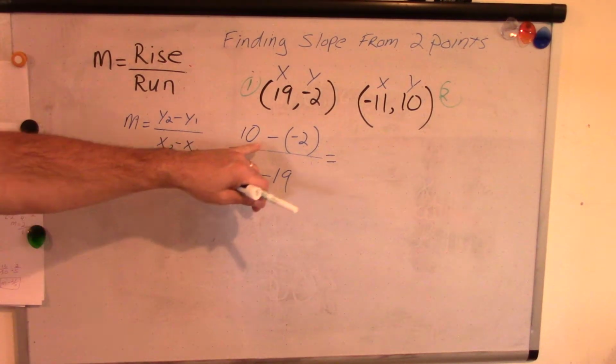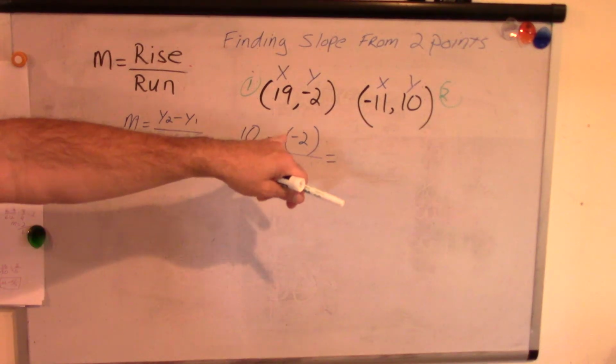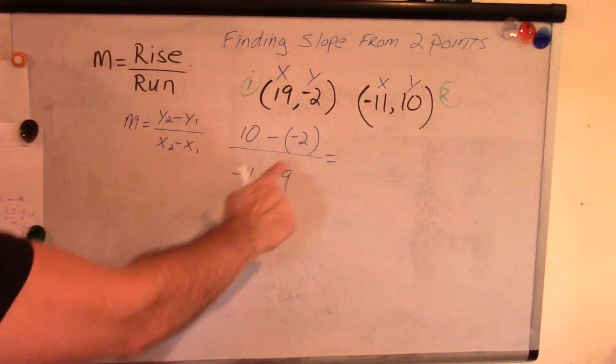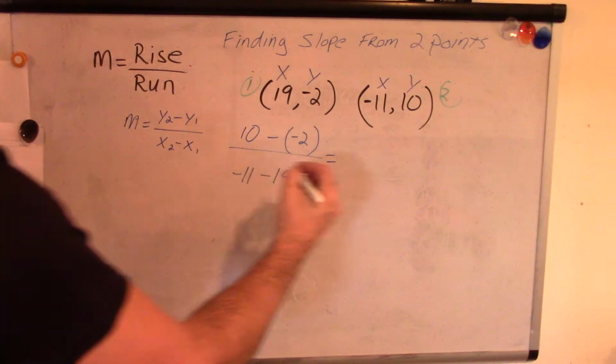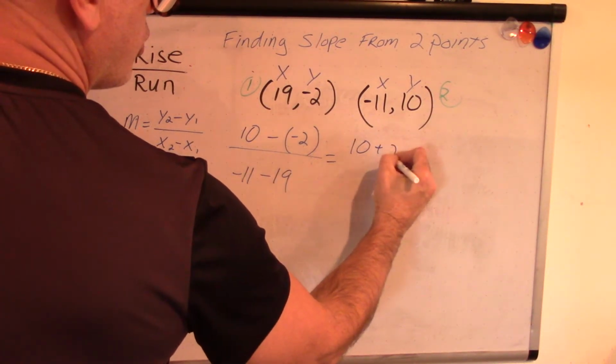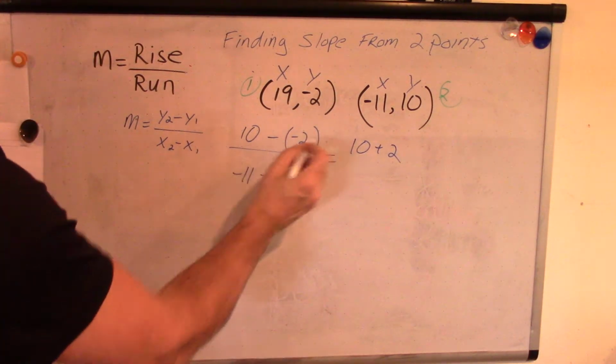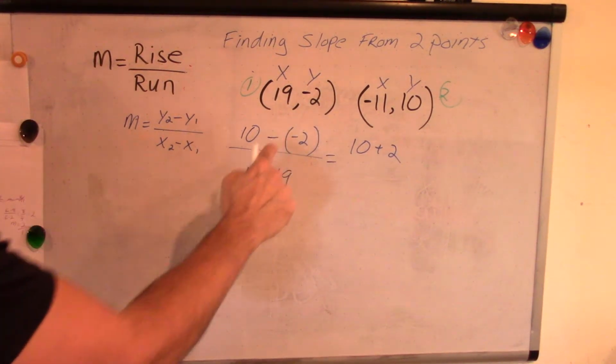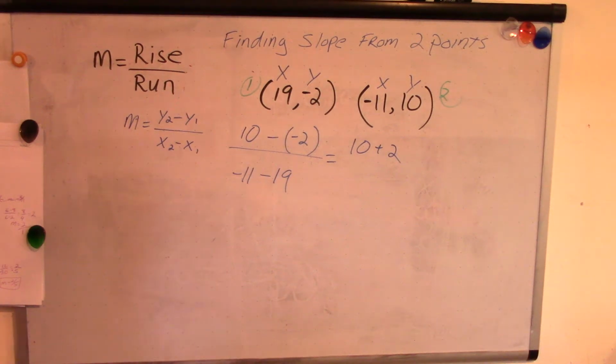It's going to be more negative, right? I'm sorry, less negative, which means more positive, right? So 10 plus 2. When you have 2 negatives, less negative is the same thing as more positive. If you're not sure about that, go back a couple of videos. You'll see a short video on that.